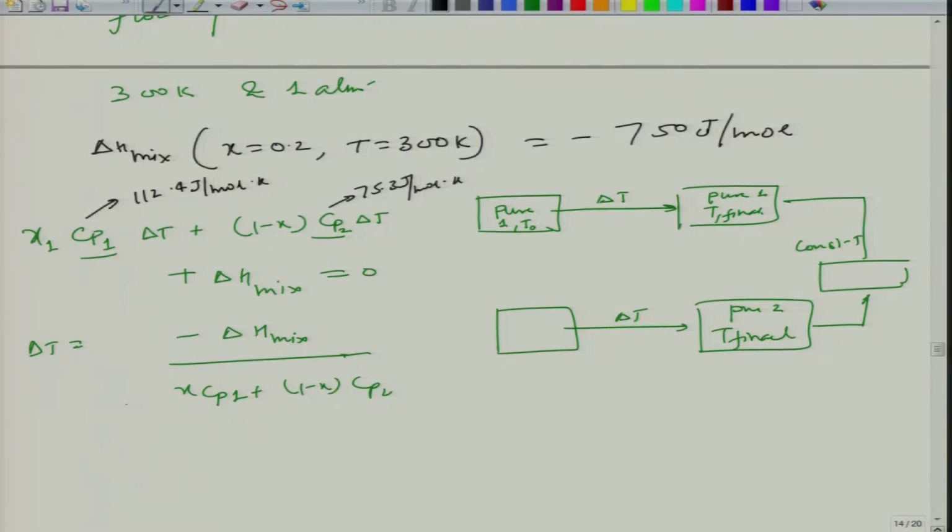So, using this, with the information of delta H mix, we should be able to find delta T, which turns out to be around 2 Kelvin. Okay. So, that is problem one which I wanted to solve.